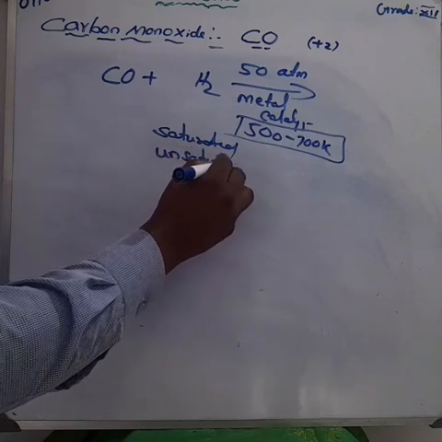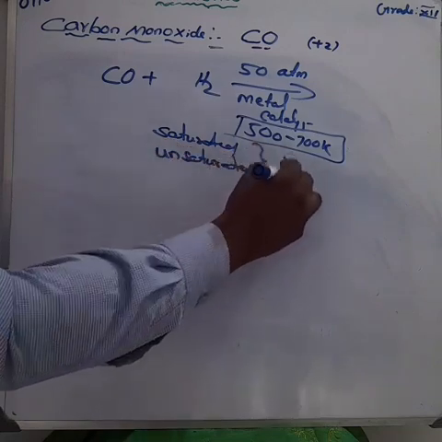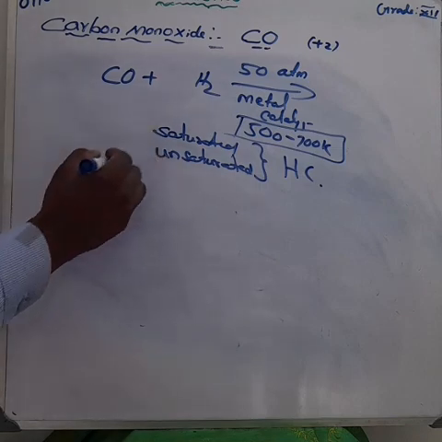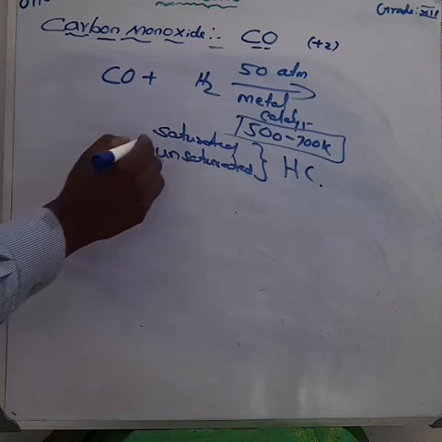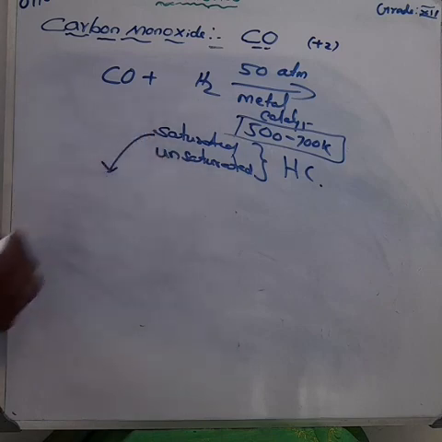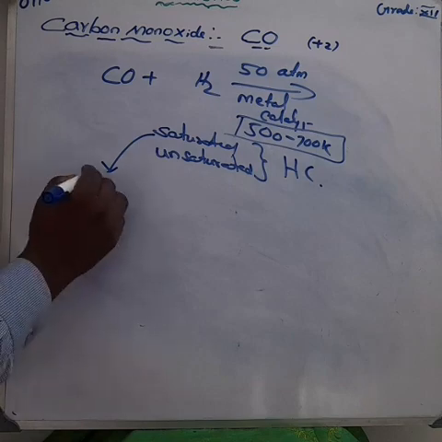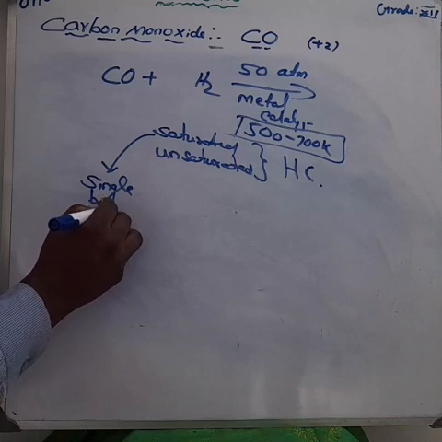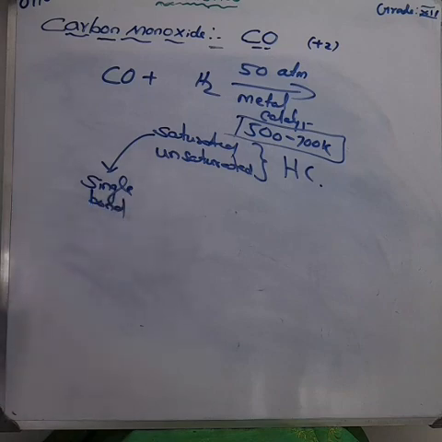Saturated and unsaturated hydrocarbons. Before writing the equation, what is the meaning of saturated and unsaturated? An organic compound having only single bonds is called a saturated compound. For example, alkane.